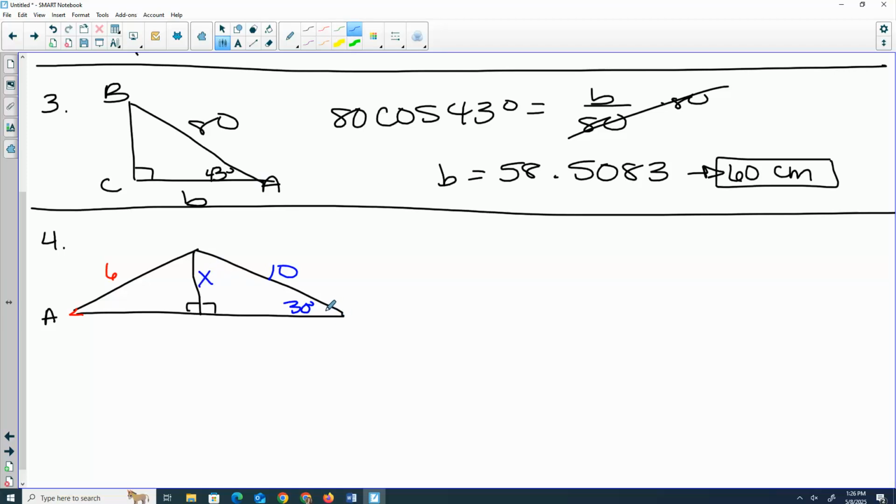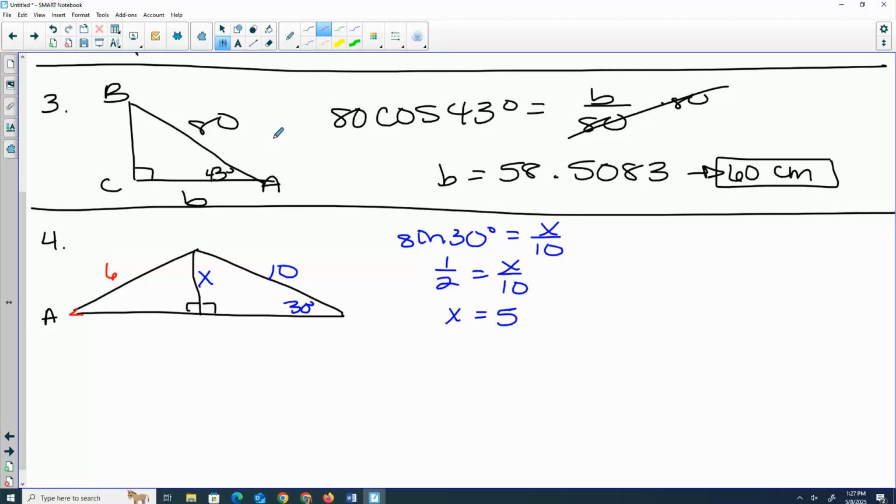So if I want to look here, because it's a right triangle, we can do SOHCAHTOA. Sine of 30 degrees is opposite over hypotenuse. Sine of 30, 1/2, equals x over 10. 1/2 times 10 is 5, and I didn't give you any units.